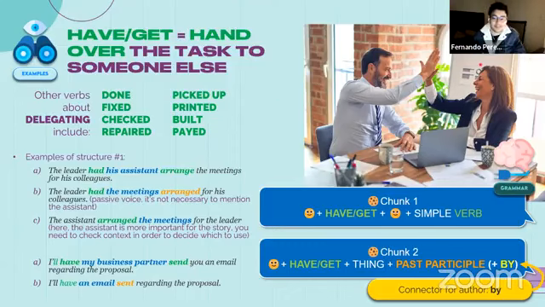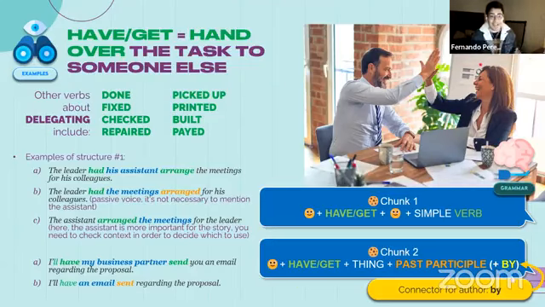And then we can transform the same idea, but we can say it without speaking about the assistant. In the second example, we omit the assistant. And then we have: the leader had the meetings arranged. Here, we can place a parenthesis, by somebody.